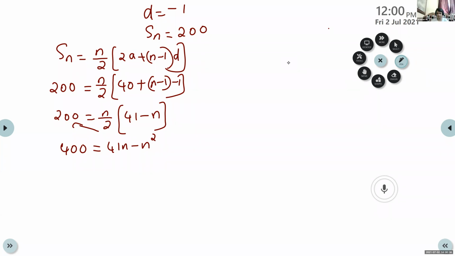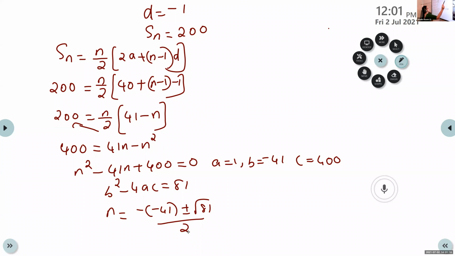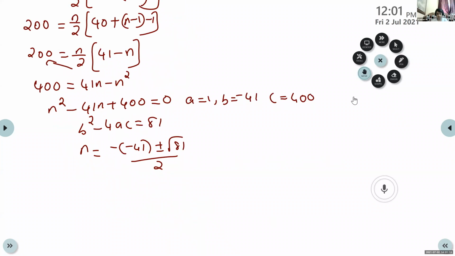n square minus 41n plus 400 equal to 0. Then using the quadratic formula, b square minus 4ac. What do you get? 81, because a equal to 1, b equal to negative 41, c equal to 400. So n equal to minus b plus or minus root 81 by 2, that is 41 plus or minus 9 by 2.